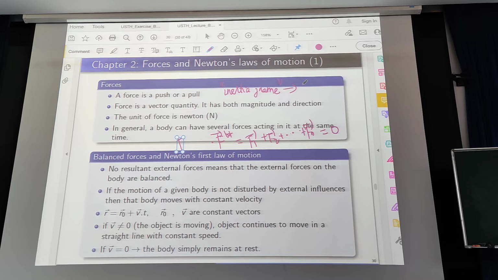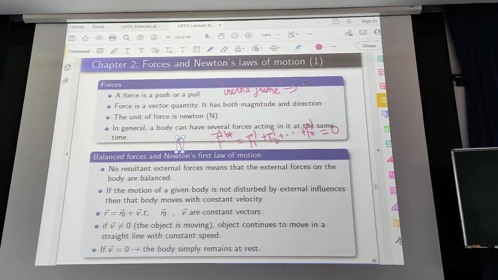So it means that in this case, the frame of the table is not inertial anymore because it's moving with respect to the ground. Okay? You can say the ground is the inertial frame, but with some other frame moving with respect to the ground with some acceleration, then that frame is not inertial anymore.